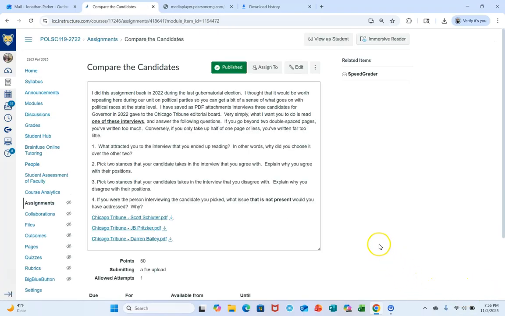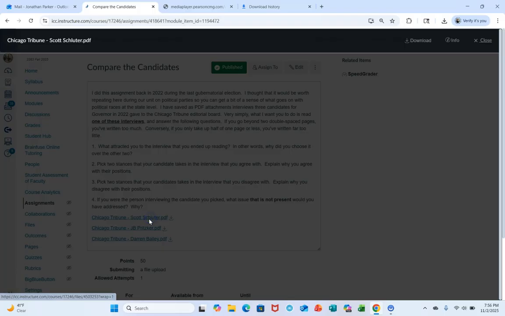So then I wanted to put this in front of you because I wanted you to see how it worked on the state level too a little bit. This is from 2022, the last time we had a gubernatorial election, and when I last did this class. So the 3 candidates here, J.B. Pritzker and Darren Bailey, they'll be running again. Scott Schluter was the Libertarian candidate. I just saved interviews that they gave to the Chicago Tribune editorial board.